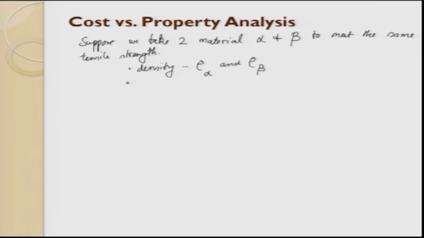Since I want to find out the tensile strength, I need to know the cross section area. So the cross section area of the material will be A alpha and A beta.